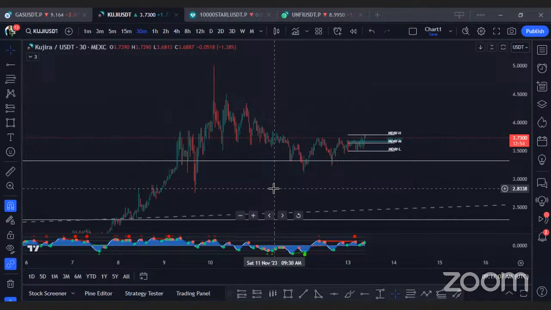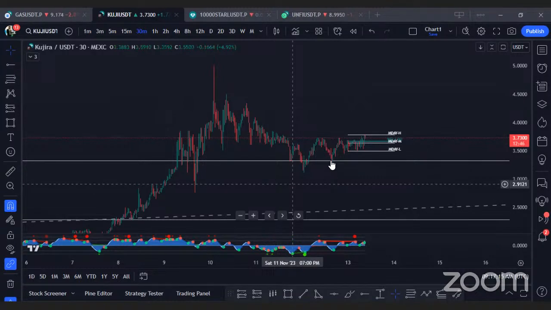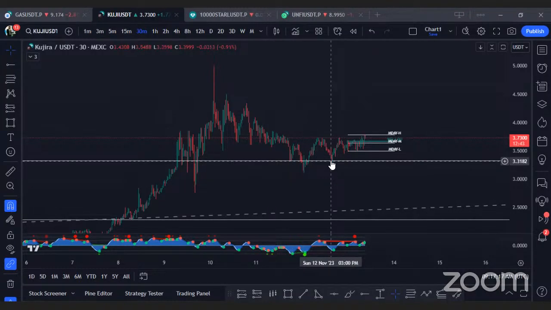I'm trying to set the limit order for that, at that area of 3.33, or even 3.32.